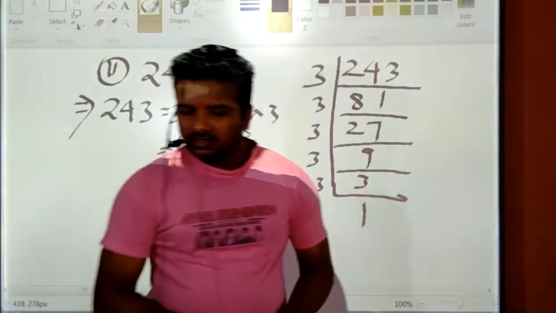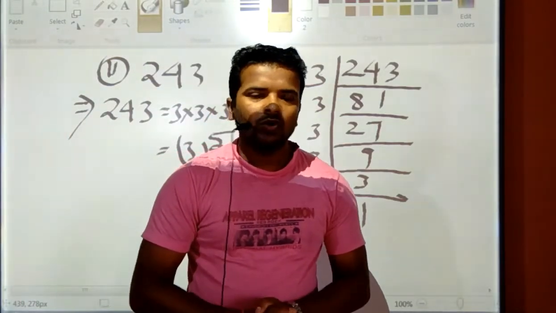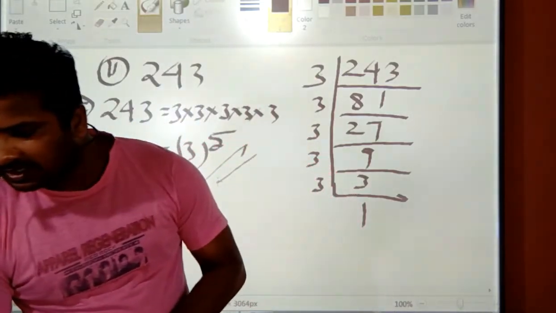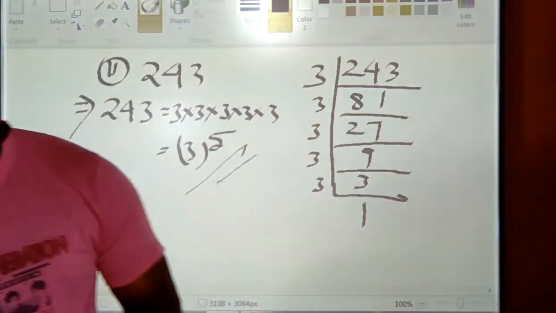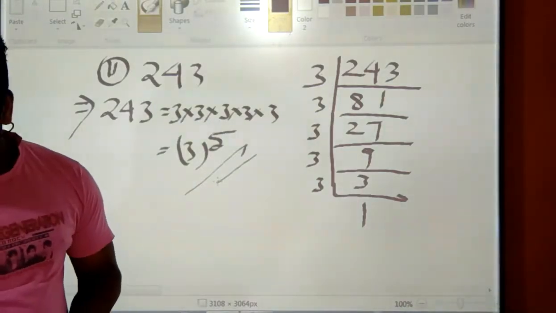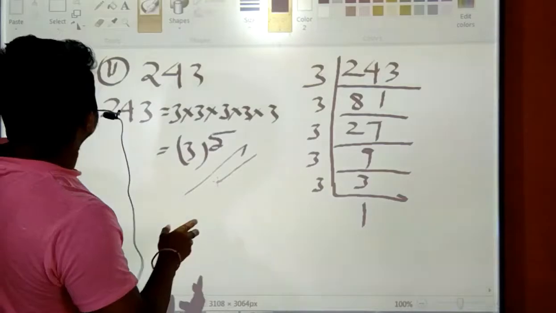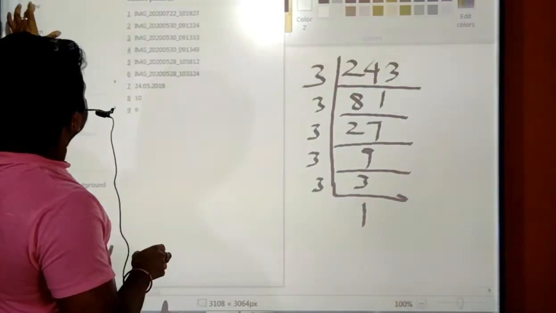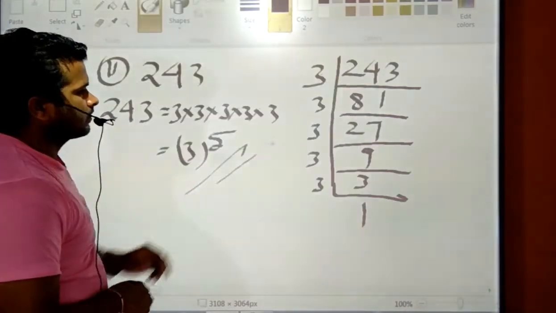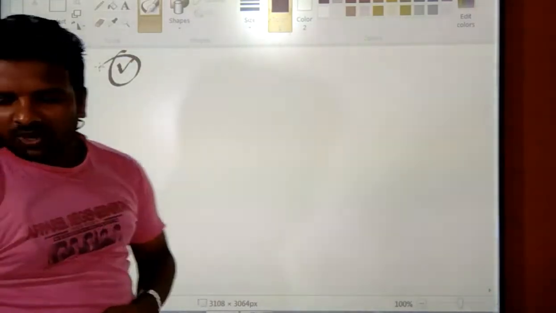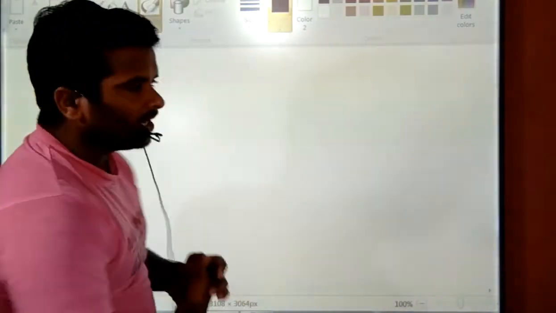Similarly, try to finish all the Romans given in question number 1. It is very easy. But let me do question number 5 for you. Question number 5 is given as minus 8 by 27.